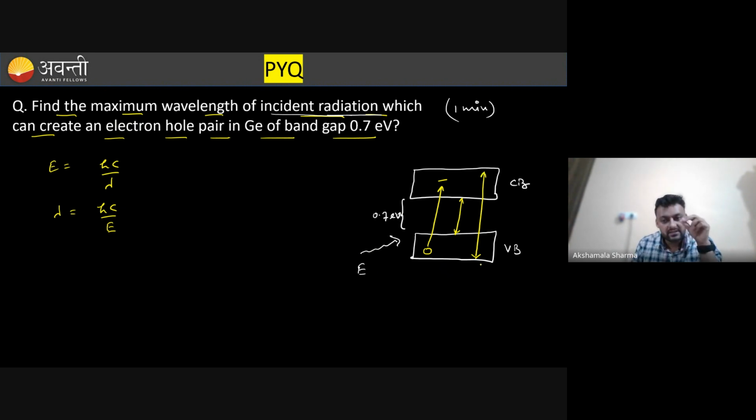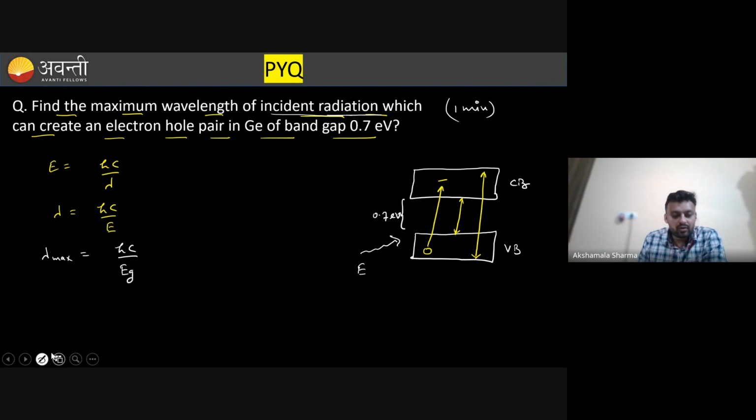So in this case, more energy will be required, and in this case, less energy will be required. So they are asking lambda maximum. For lambda to be maximum, E should be minimum. And the minimum gap between these two bands is known as band gap. So for lambda to be maximum, it is hc by band gap. I hope this is clear to everyone.